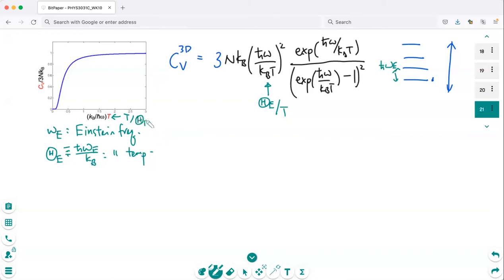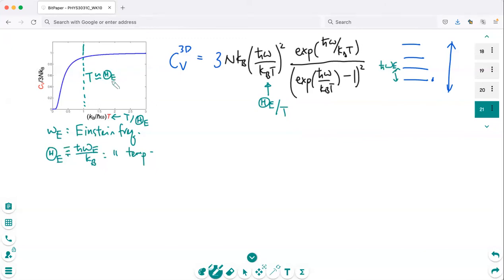Theta E. Okay, and now you can begin to see something here. Now this is 1. So this is where the temperature T of your experiment is roughly of the order of the Einstein temperature of your problem.